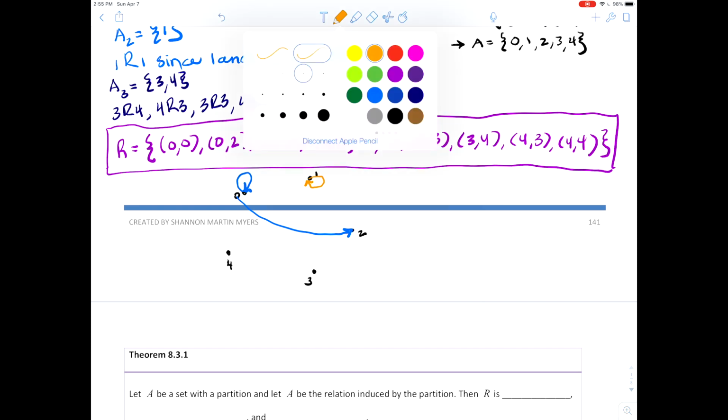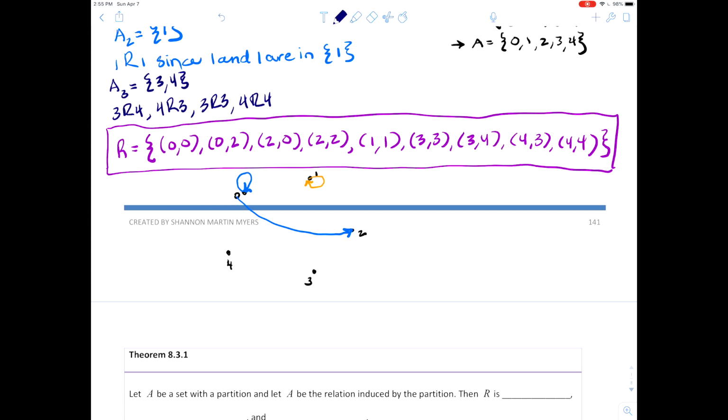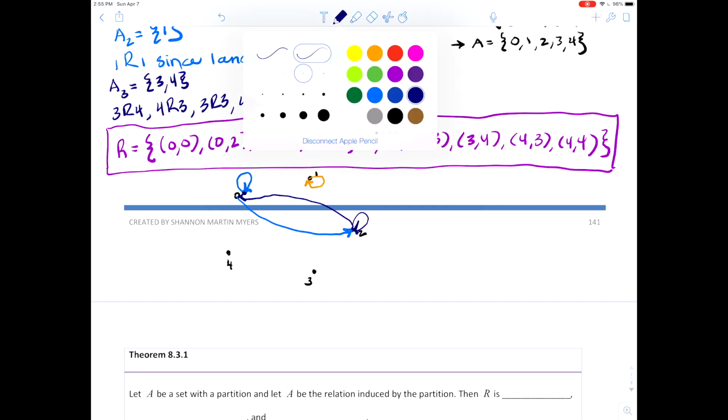And then if we go to the 2s, what are we going to have for the 2s? We have 2R0 and we have 2R2. And then that's it for the inputs of 2. And then next up, what do we have for the 3s?